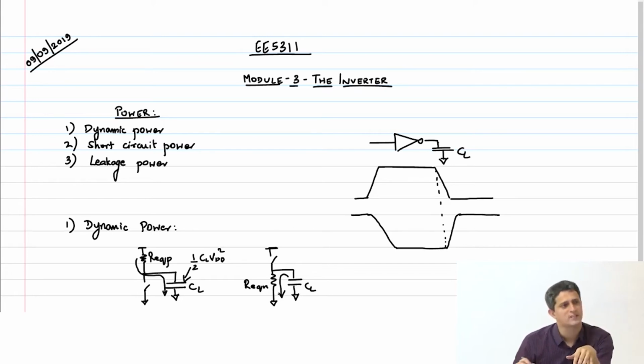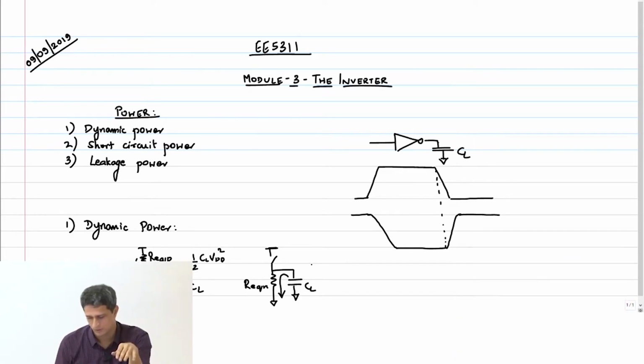So irrespective of what the resistance is or what the width of the PMOS transistor is, the same amount of energy is dissipated in that PMOS transistor always. And of course, when the capacitor gets discharged, when the output falls, then the same half CL VDD squared gets dissipated through the NMOS transistor and all the current flows into the ground.